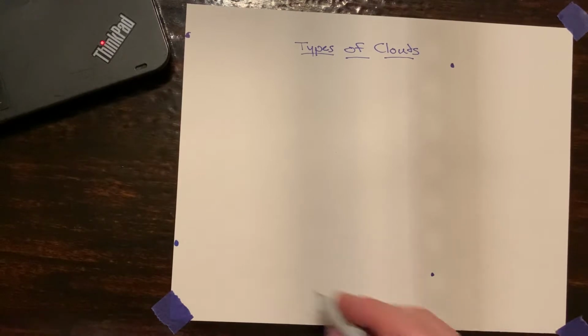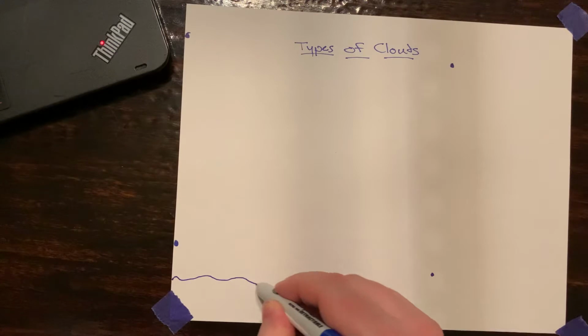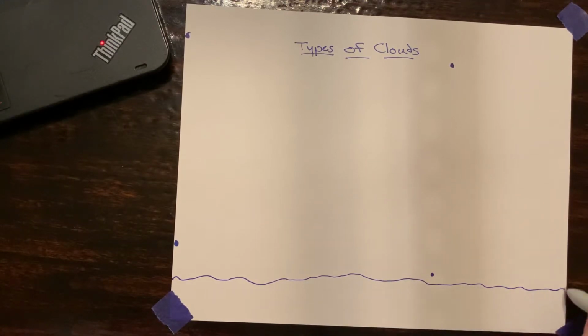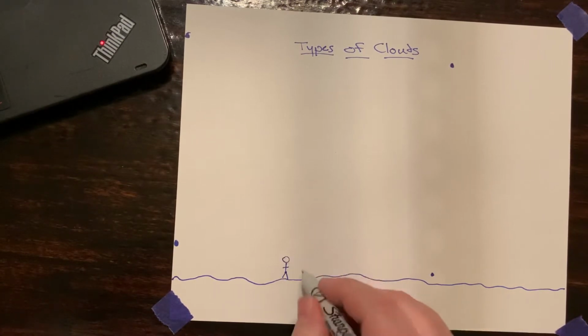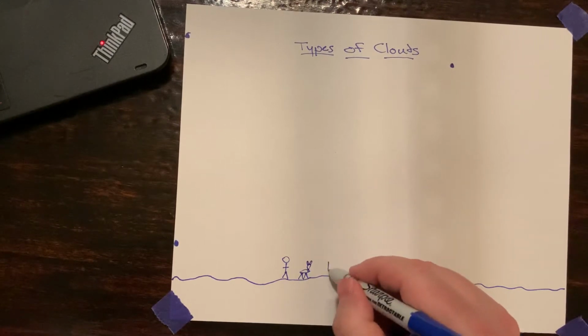So what we're going to do is start by drawing the landscape here. So here's our land, and here's me, and here's my dog. And here's my house.